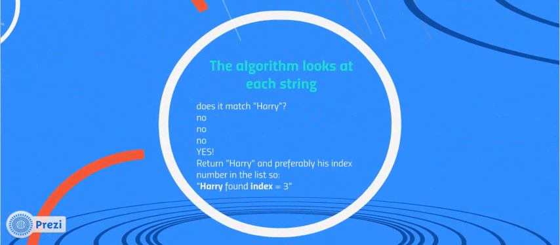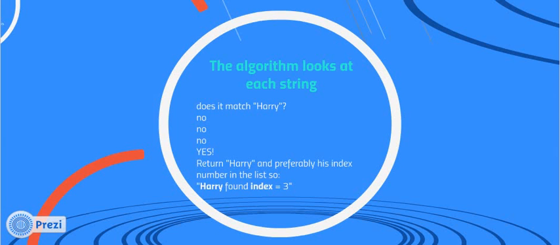So the algorithm looks at each string and asks, does it match Harry? It will be no, no, no until it hits a yes, and when it hits a yes, the program can terminate and it can return Harry found, and then preferably give the index number where Harry can be found, so 0, 1, 2, 3.